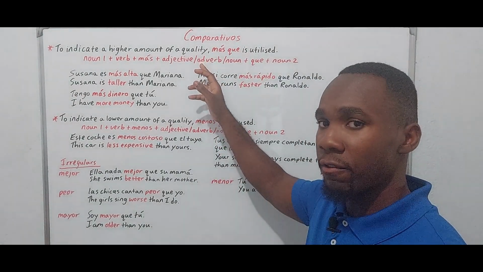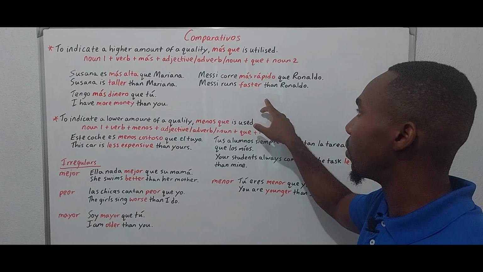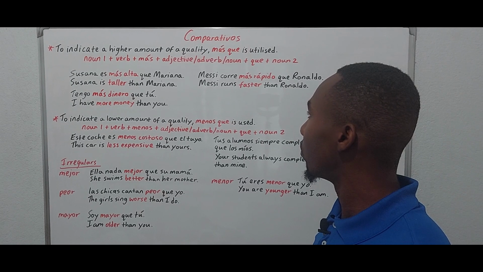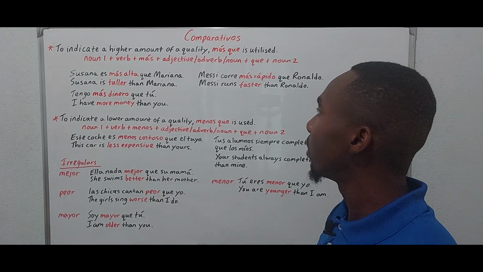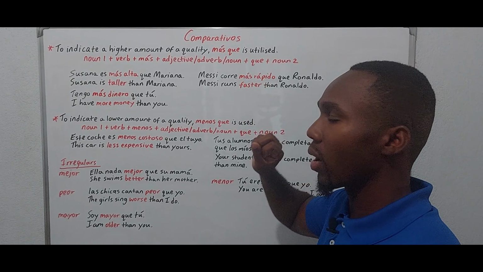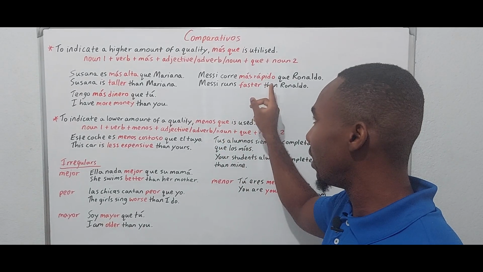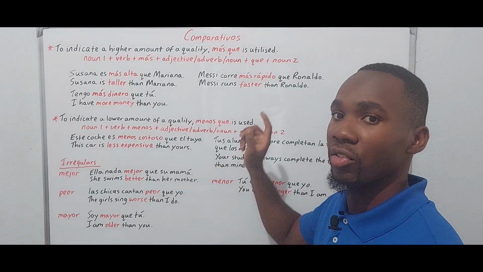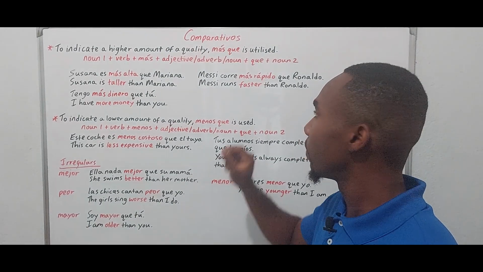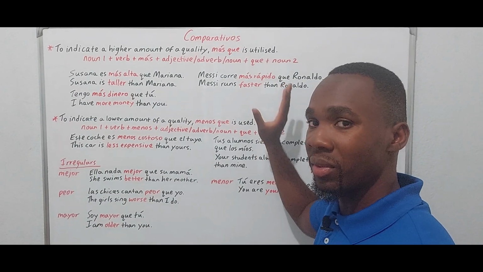What if we have an adverb? Messi corre más rápido que Ronaldo. Messi runs faster than Ronaldo. All right? So we have más, and then we have rápido. Now, rápido is an adverb. Even though it ends in O, you may think that it has to agree with the subject. No. We'll see this later on, but when it's an adverb, the form stays the same.